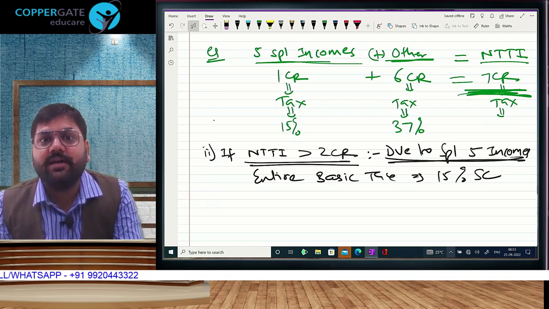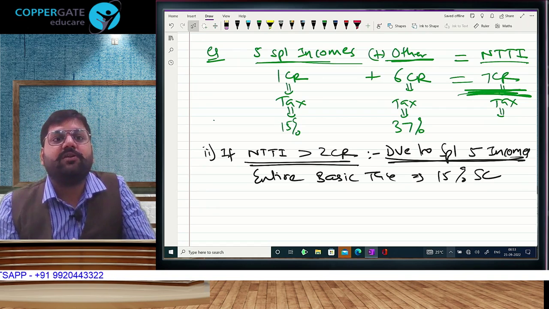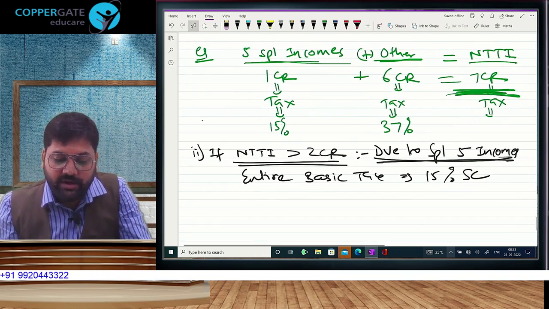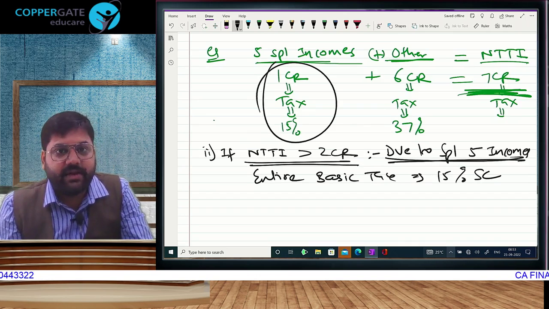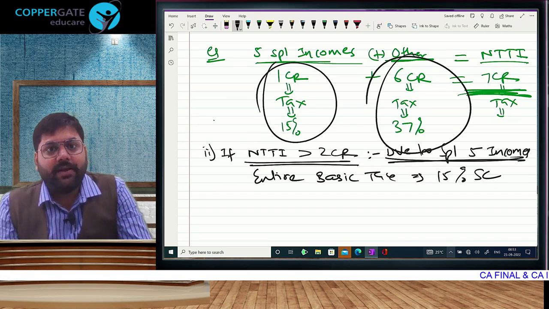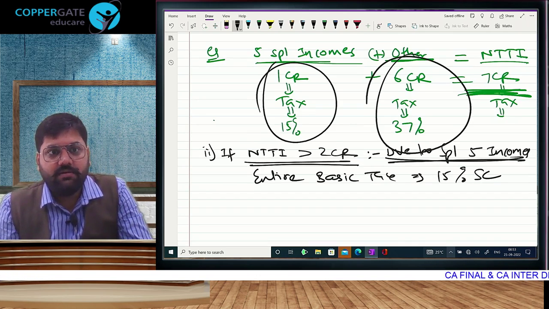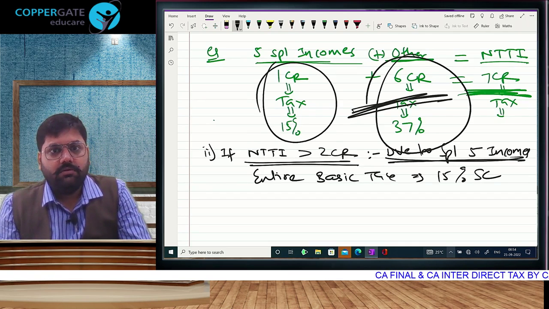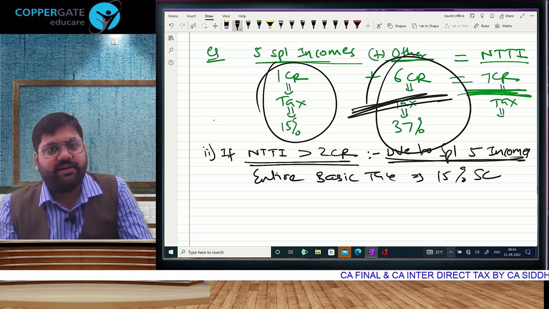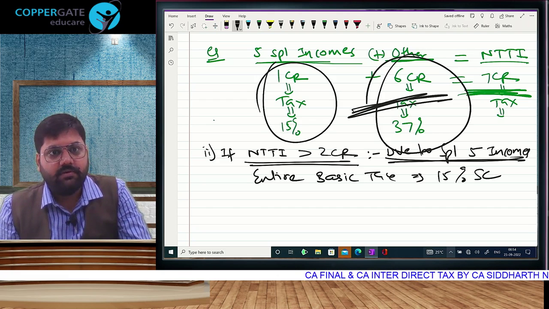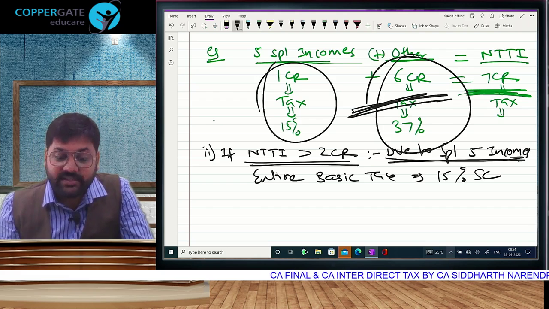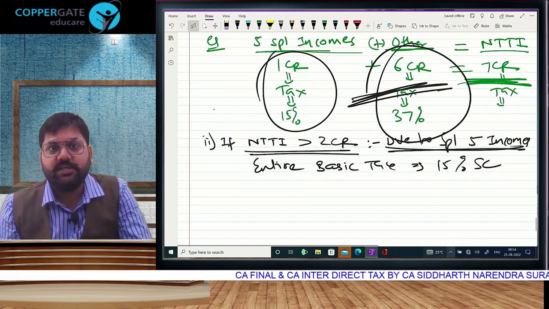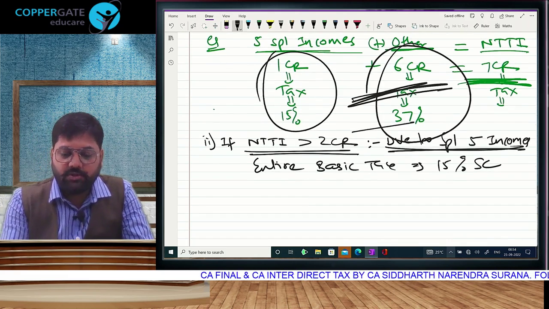Means on the other incomes' tax also we will not apply 25 and 37. Here what did we do? On this we applied 15. But on the other we applied 25 and 37. Because this has crossed the threshold. 6 crore is why 37. If it was 4 crore then 25. But if the reason why you cross 2 crore is the special incomes, then here also we will apply 15.